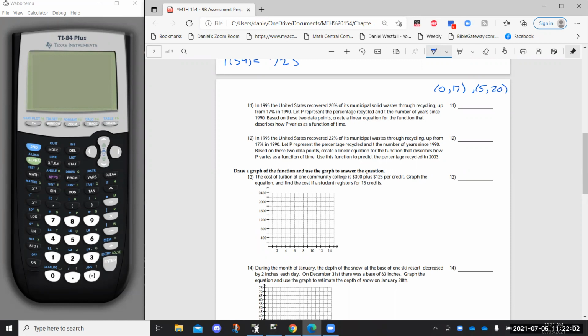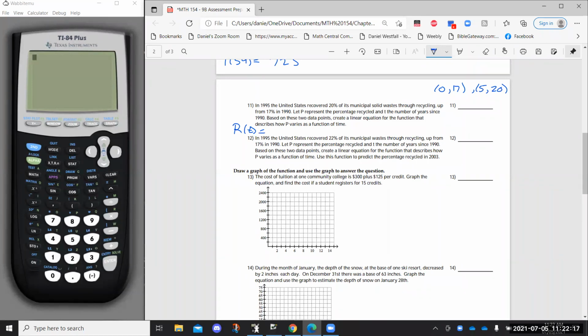So based on those two data points, create a linear equation for the amount recycled based off of the time here.